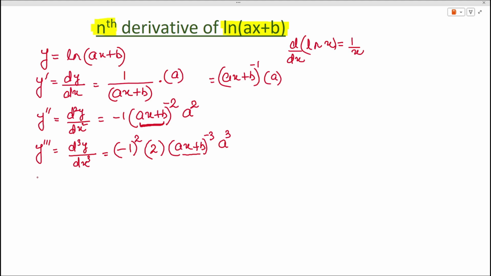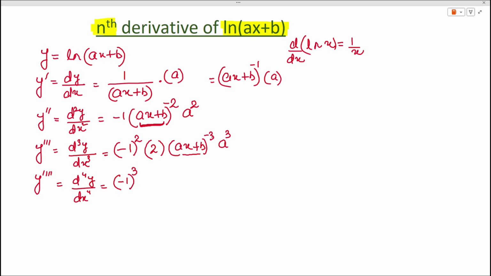Now we'll find one more derivative, the fourth derivative, and get to the nth derivative. To get the fourth derivative, the -3 will come here in multiplication, because that's what the power rule says. So we are going to apply -1 multiplied by this -1. This gives us (-1) raised to the power 3.